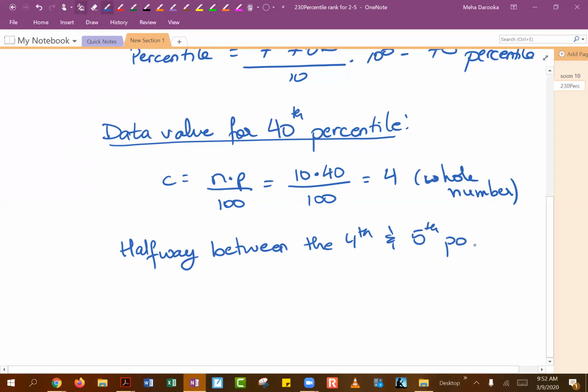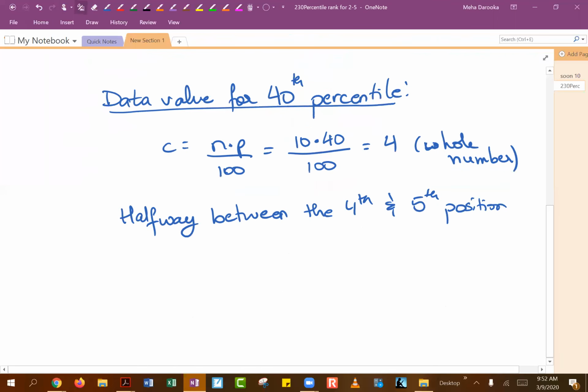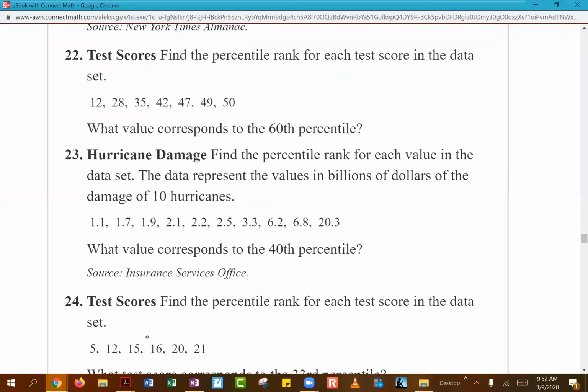Do I want to say position? Sure, why not? So halfway between the 4th and the 5th position, where would that put us at? Very good, halfway between 2.1 and 2.2. 2.15, yeah, very good.